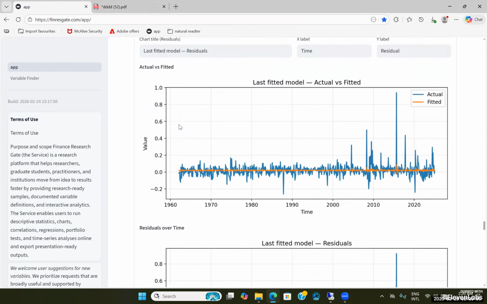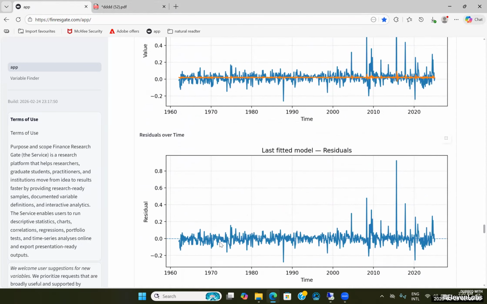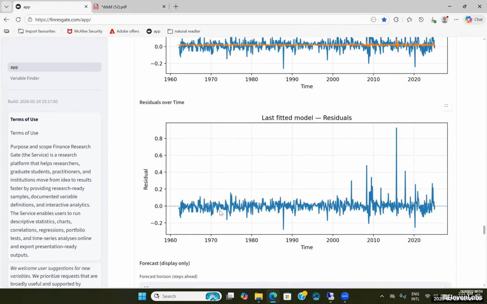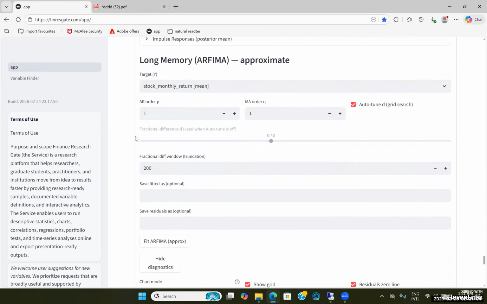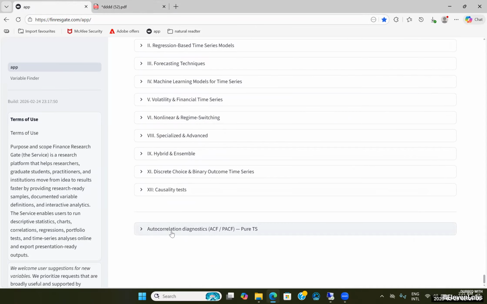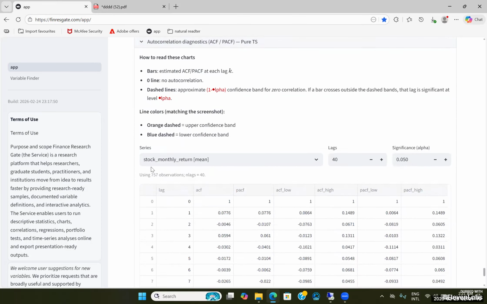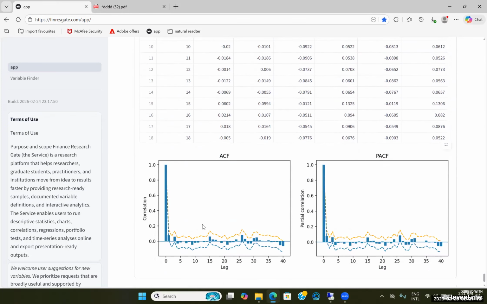Now, next, we're going to take a look at the residuals that come from the model. That appears to be white noise. However, we must conduct a formal test to confirm that. Therefore, if you could please scroll down to the end of the page, you will find our autocorrelation diagnostic box. Looking at this, it might appear different visually, but the core concept we're discussing is fundamentally the same. Here, we've established a clear boundary, which includes both an upper threshold and a corresponding lower threshold.